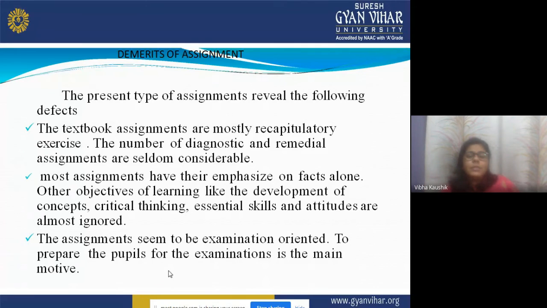The assignments seem to be examination oriented, means it should be related to the exam. To prepare the pupil for the examination is the main motive. Means assignments should be given by the teachers so that the examination can be easily done by the students.